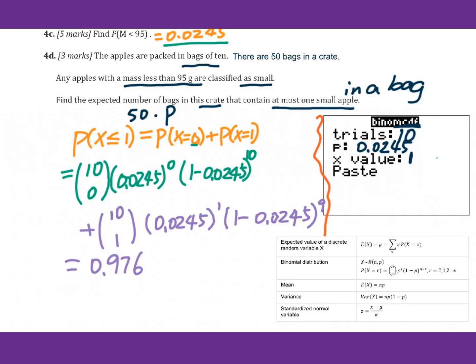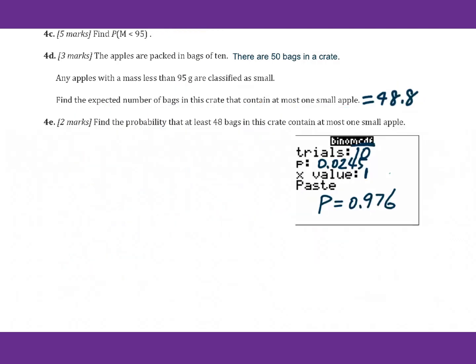Then you enter, and you will get the probability equal to 0.976, the same answer. Therefore, the expected number equals 50 times this probability, which means 50 times 0.976 equals 48.8. Let's go to 4E.